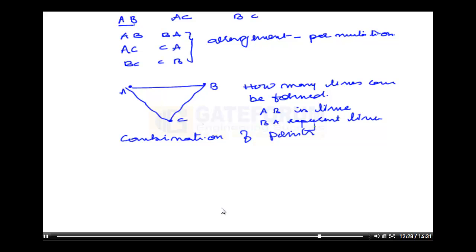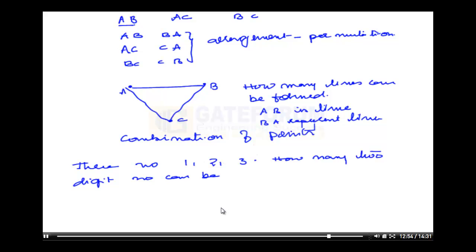Likewise, I take another example for permutation. Let us consider 3 numbers, 1, 2, 3. How many 2-digit numbers can be formed?